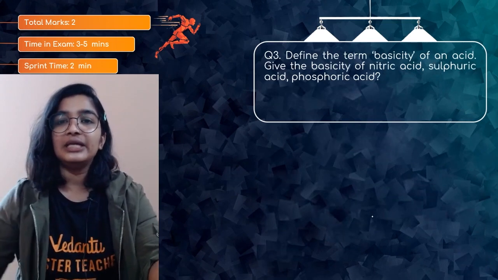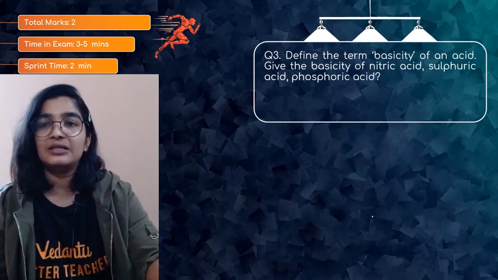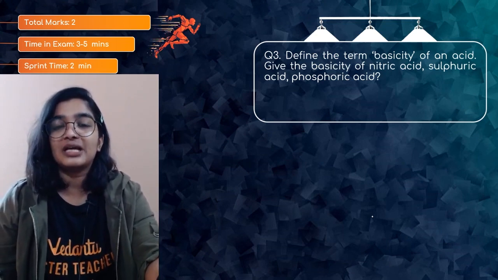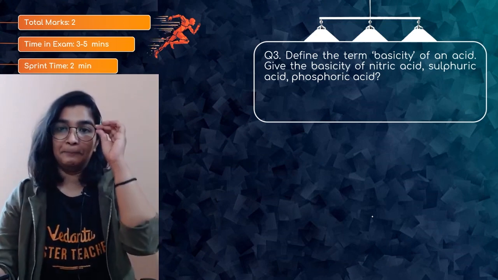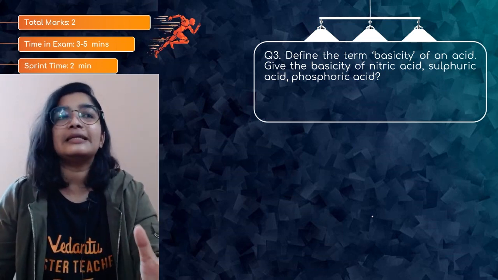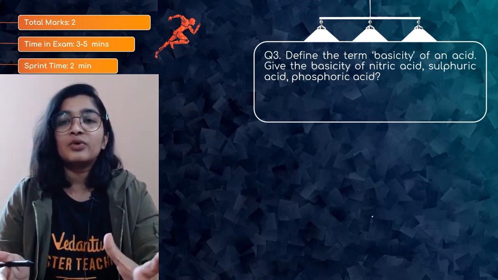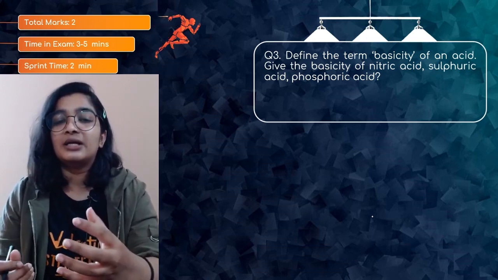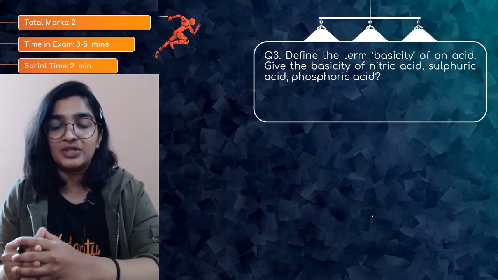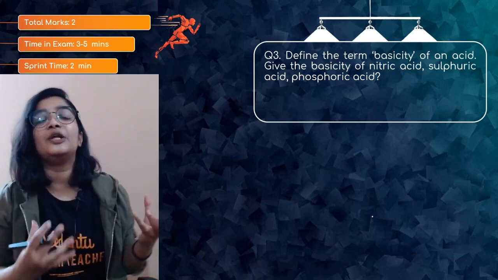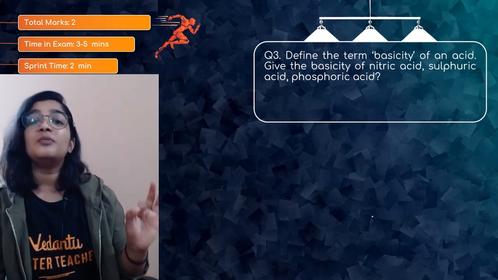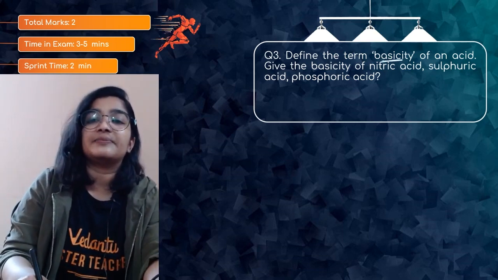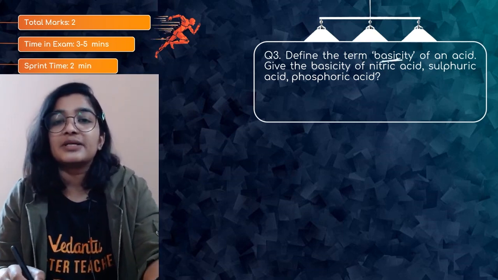Question number 3: define the term basicity of an acid. Give the basicity of nitric acid, sulfuric acid, phosphoric acid. So what exactly is basicity? It is the number of replaceable hydrogens, or how many hydronium ions a molecule of acid produces when dissolved in water.